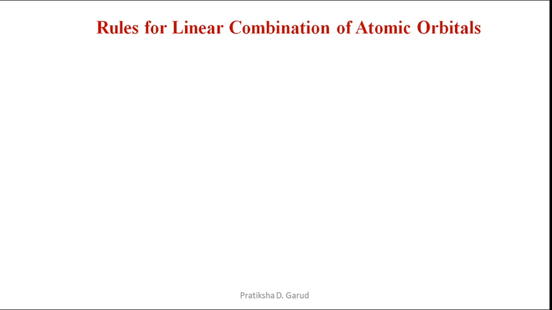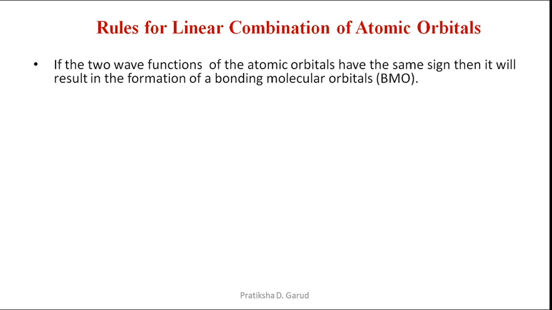Based upon these points, let us summarize the rules for linear combination of atomic orbitals. The first rule is, if the two wave functions of the atomic orbitals have the same sign, then it will result in the formation of a bonding molecular orbital.